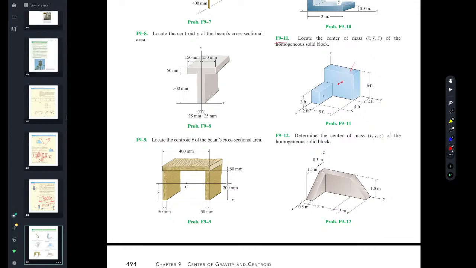And then this one, the centroid, is on this face, but it's going to be pushed back into the block 2 feet. So it's going to be 1 foot over, 1.5 foot up. Now, what you have to do is you have to respect the coordinates, and you can place all that together. In fact, what time is it? Maybe I've got enough time to do just that one. Let's do that one.